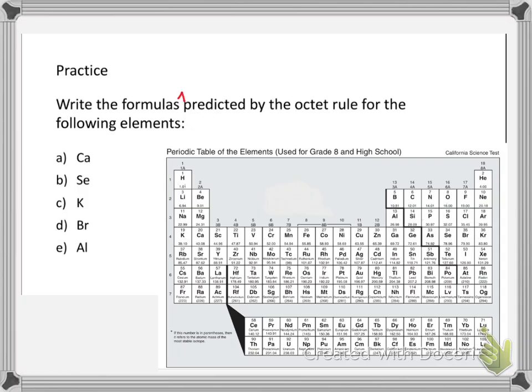And I really should say the formulas of, they would probably call them stable ions, but the ions. We're predicting what would be stable. And to answer this question, you memorize this pattern.